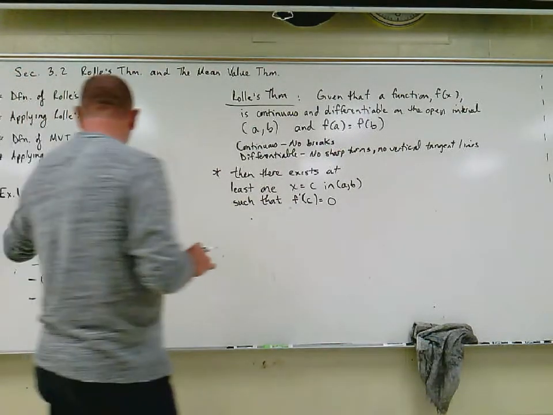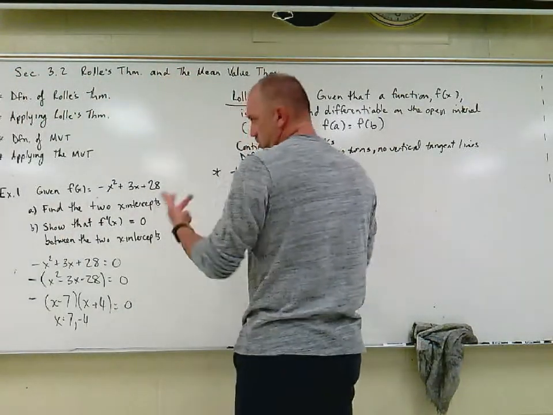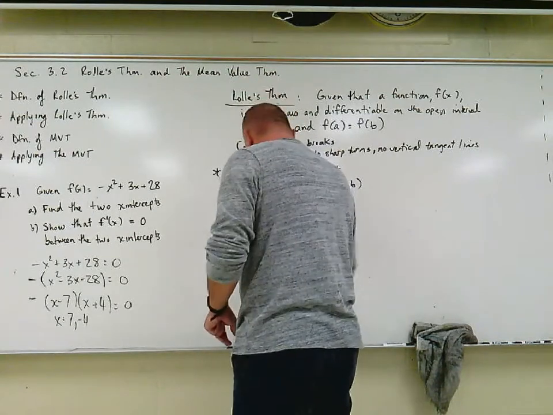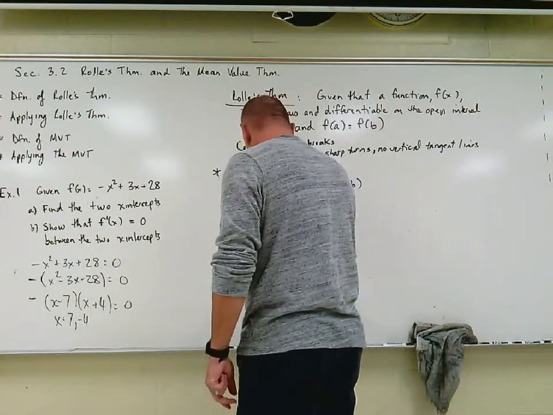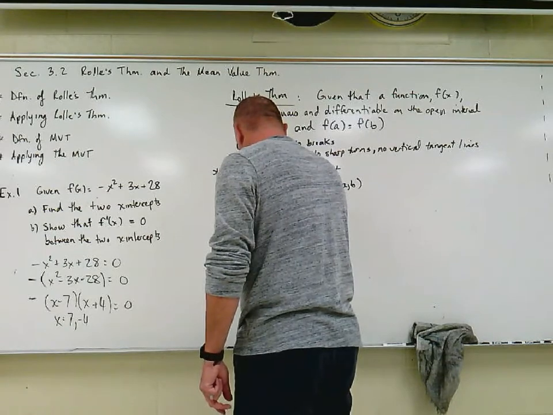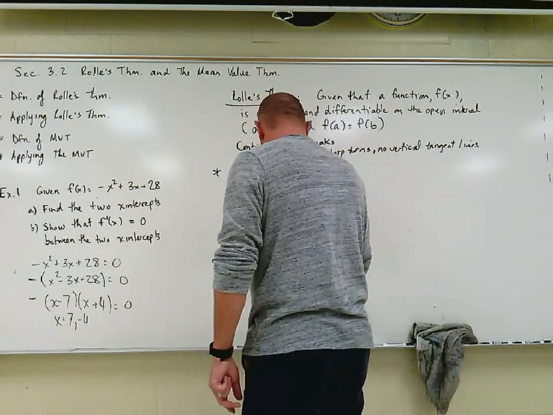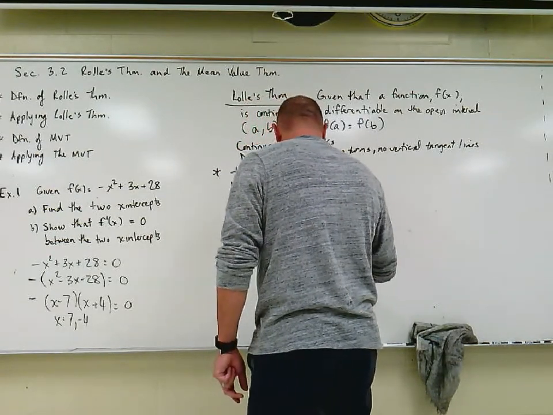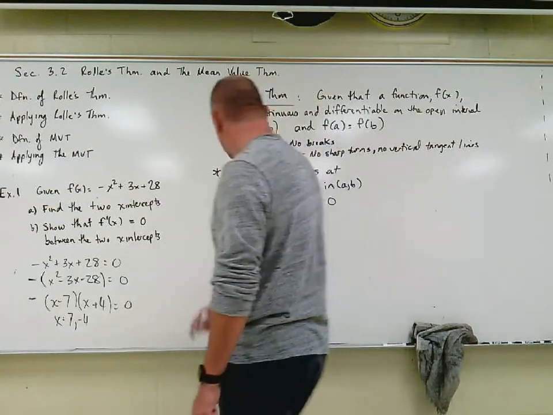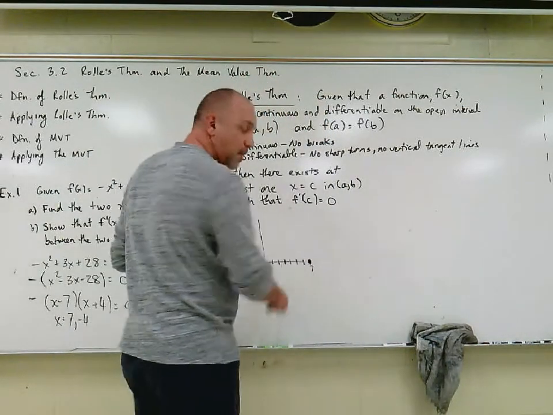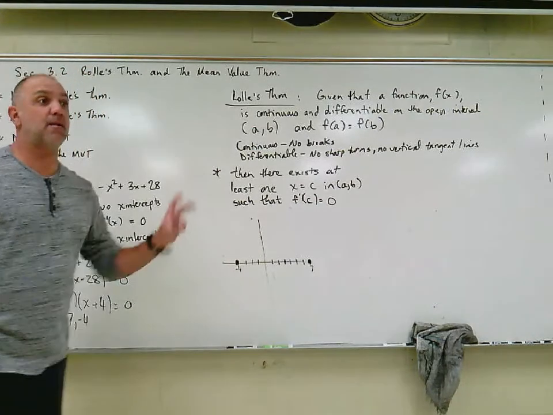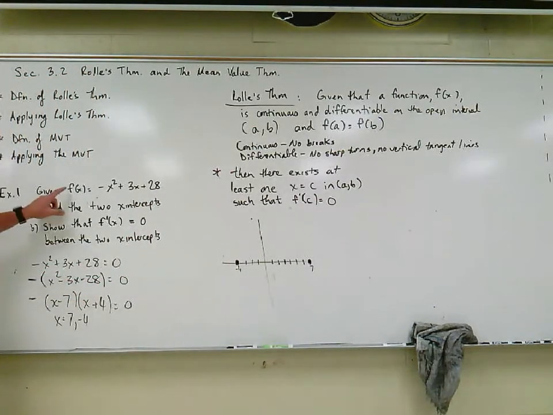So what this is talking about is find the two x-intercepts. I've got the two x-intercepts, negative 4 and 7. This is like my a and my b. These are my endpoints, okay? Then what do we know?